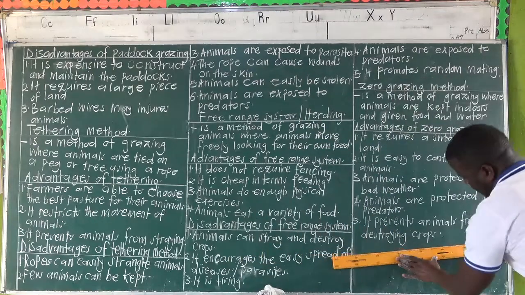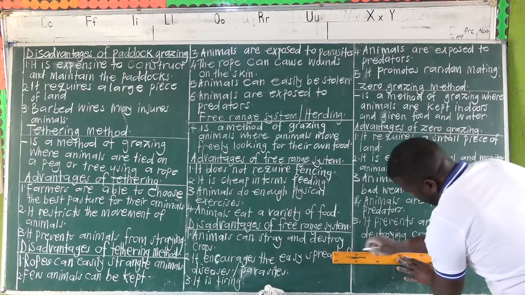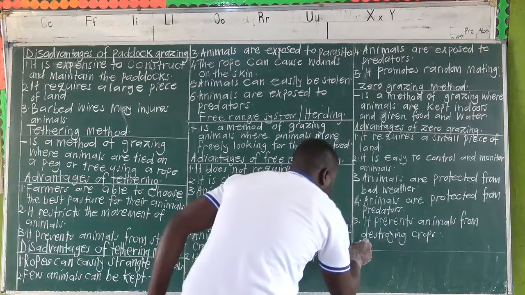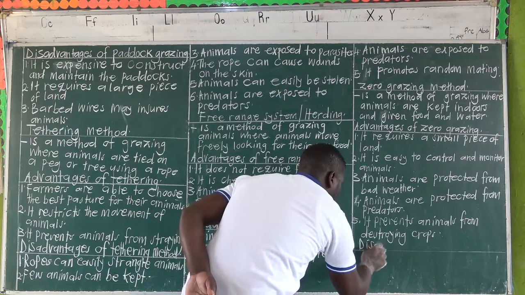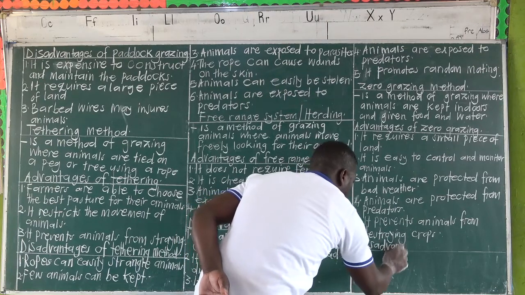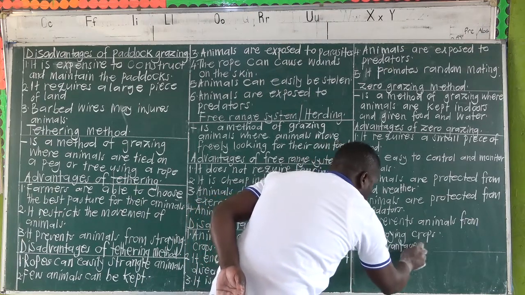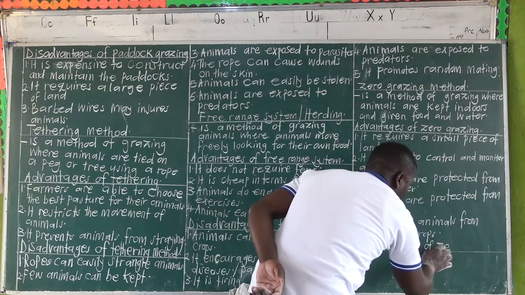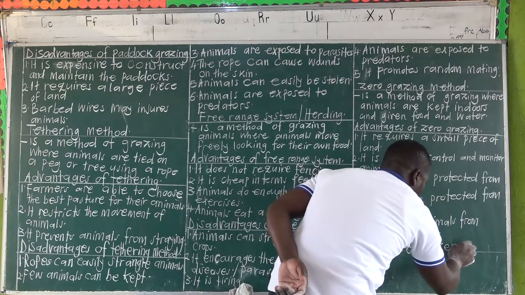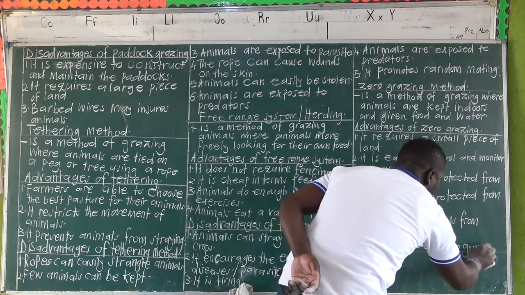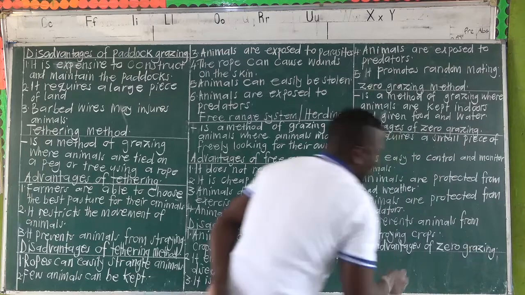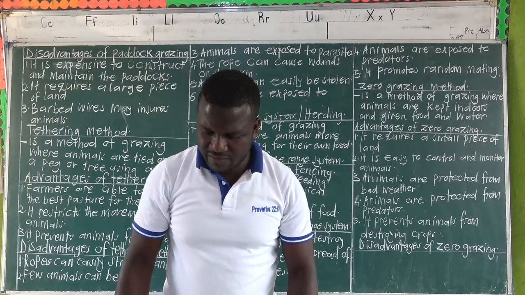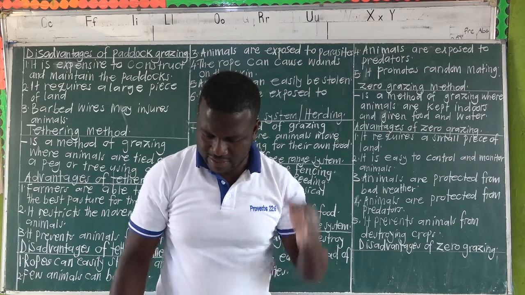Disadvantages of zero grazing. 1 is it's expensive. It is expensive to start and maintain.